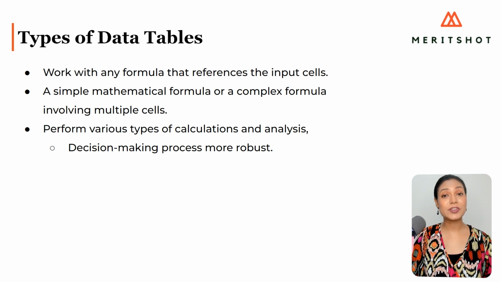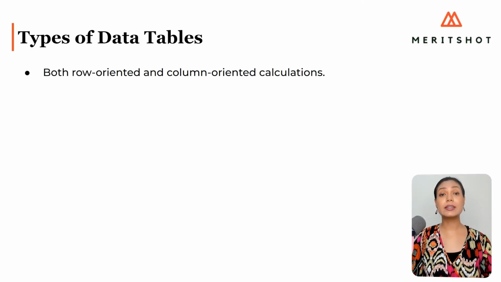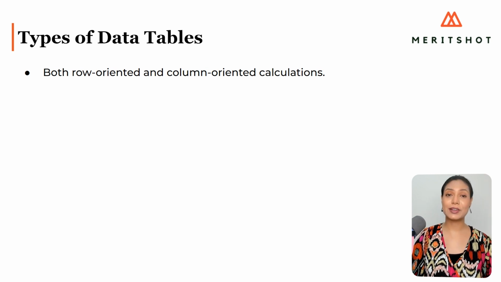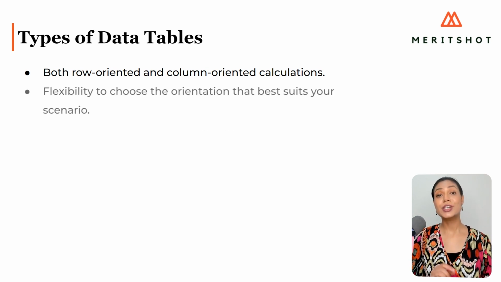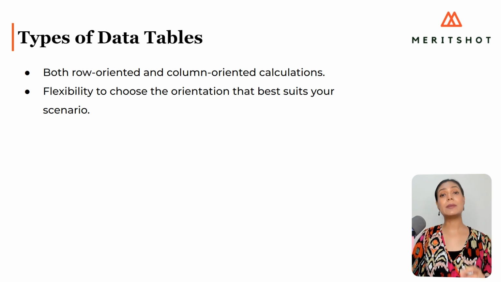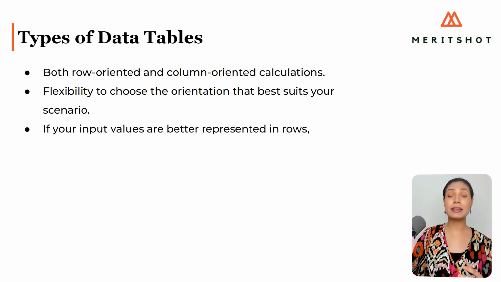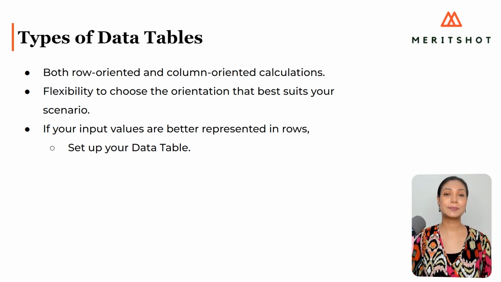Lastly, I want to mention that data tables can be created for both row-oriented and column-oriented calculations. This means that you have the flexibility to choose the orientation that best suits your scenario. If your input values are better represented in rows, you can set up your data accordingly.